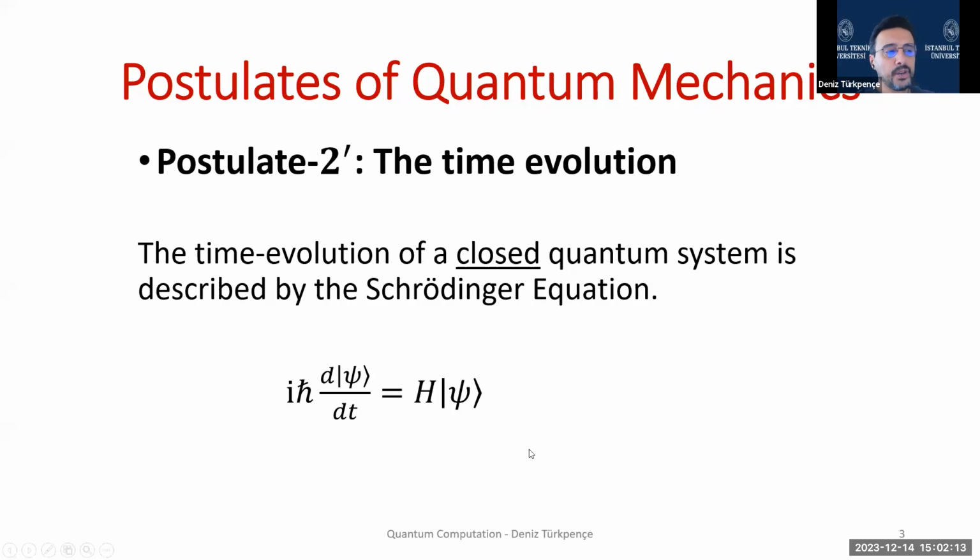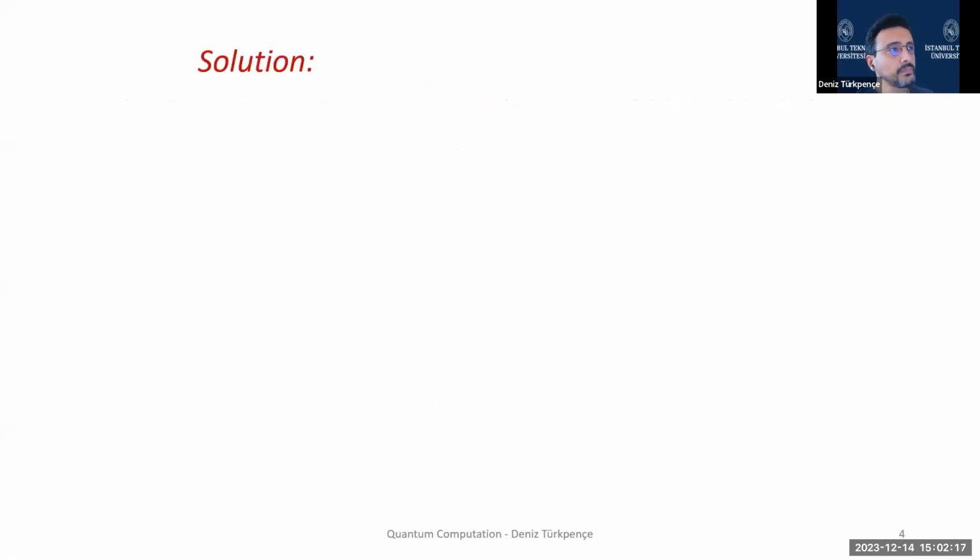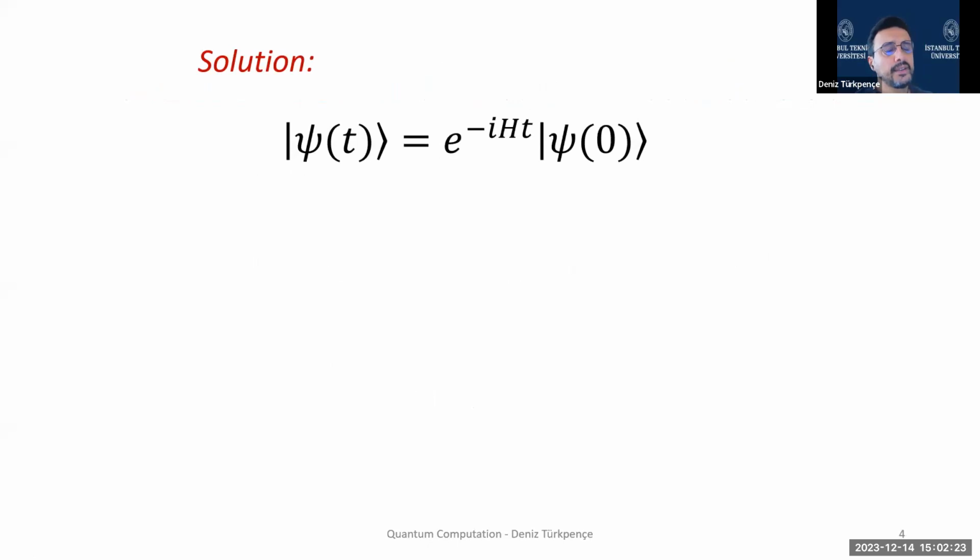So we know the properties of Hermitian operators from the previous lecture. So if we solve this linear differential equation, what we are going to find, the first version of the postulate, psi t is equal to a unitary operator multiplied by the initial quantum state, okay?